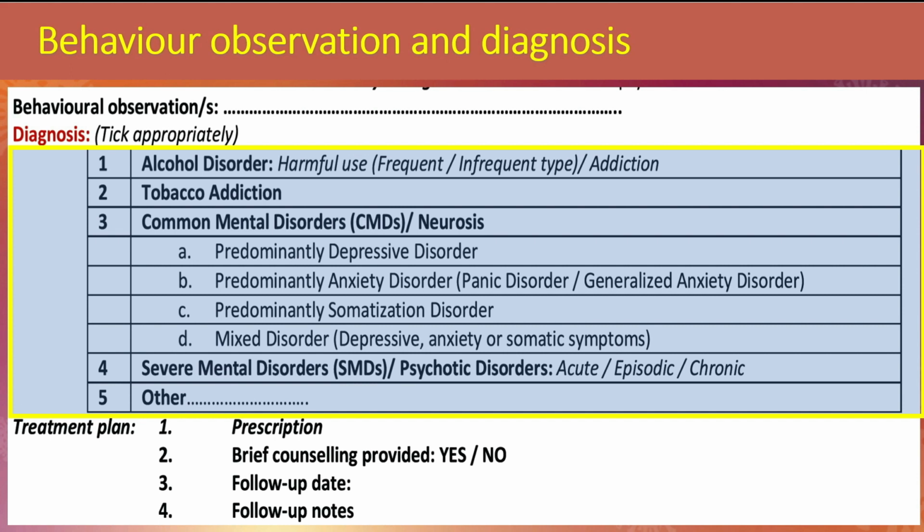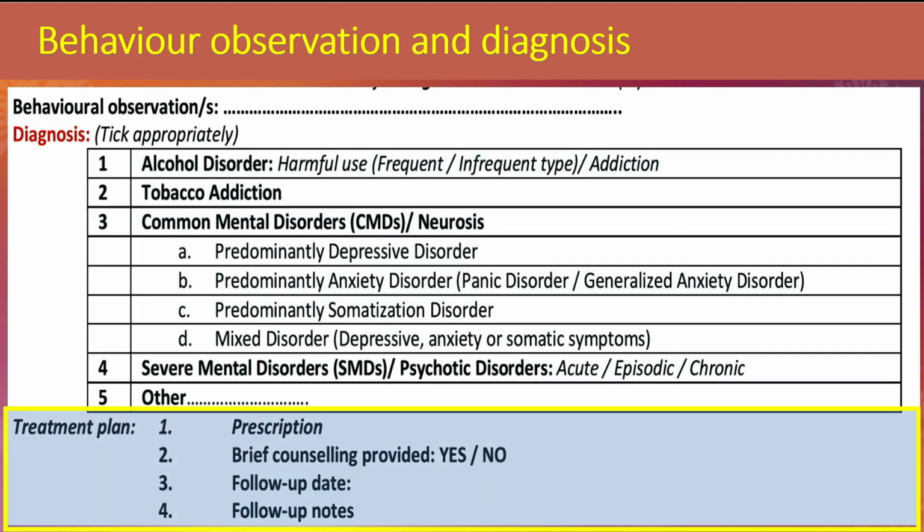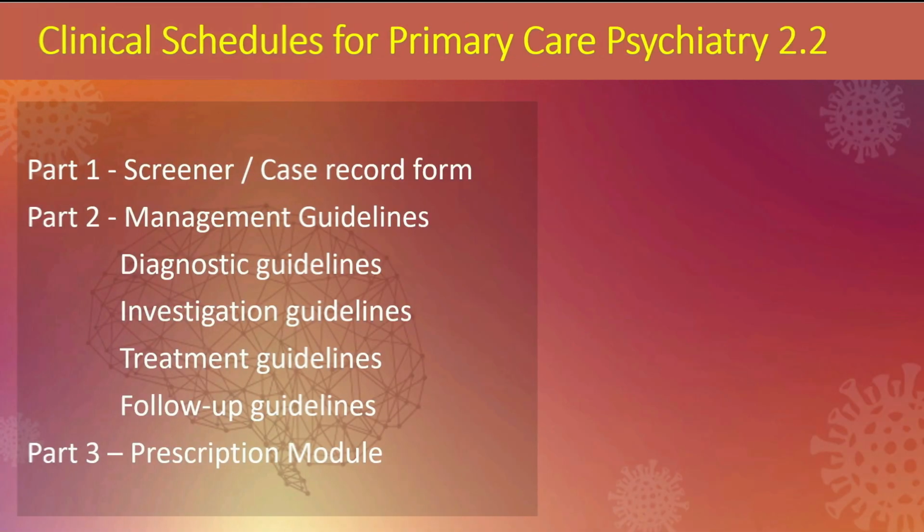Tobacco addiction and the common mental disorder, if the patient has, whether it is depression, anxiety, somatization or mixed anxiety and depression, need to be documented here. Severe mental disorder needs to be documented, and finally the treatment plan, whether the prescription is given, brief counseling, follow-up date, follow-up notes, and if you are referring the patient, needs to be documented here.